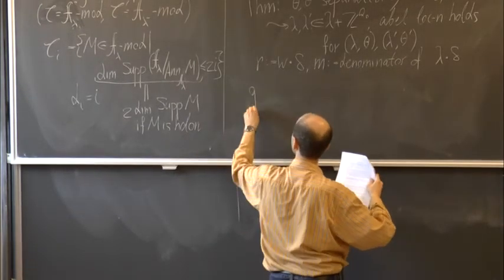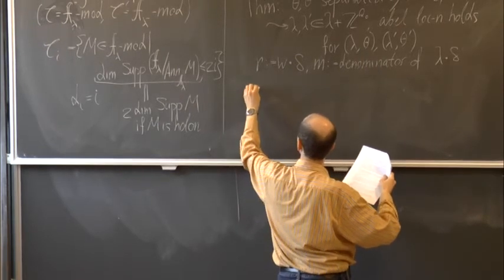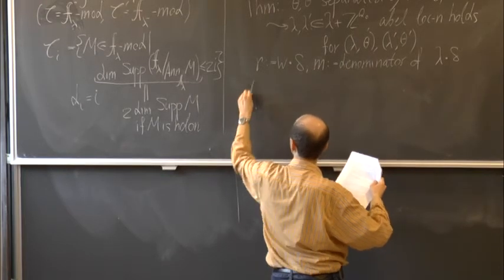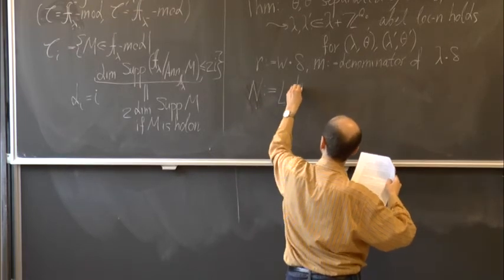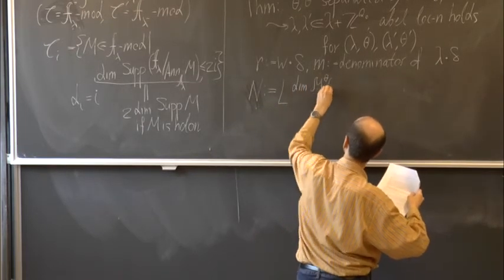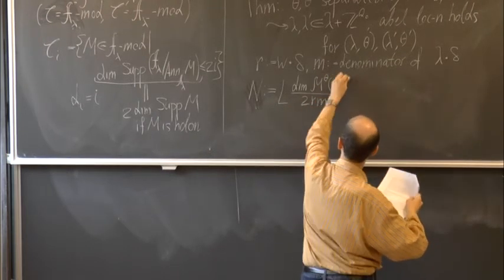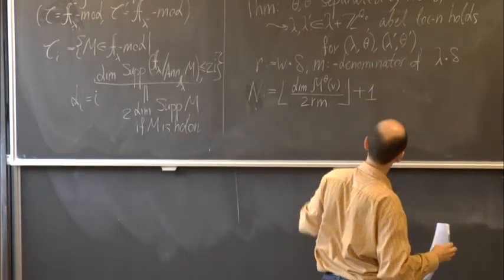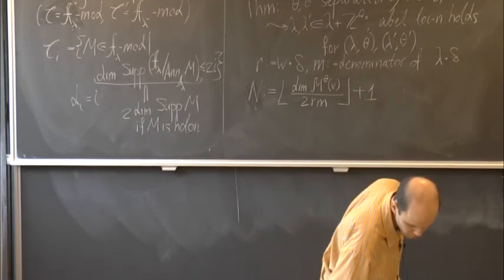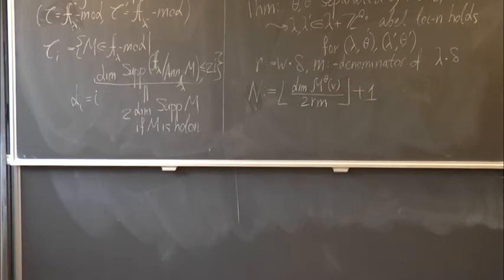So let me use capital N, which will be given by the formula: I take the dimension of M theta V, I divide it by 2Rm, I take the integral part and I add 1, in order to make this compatible with this notation. So I will have a filtration of this length, N.